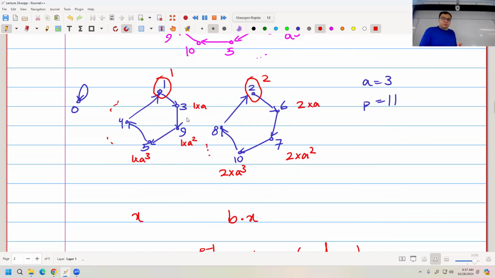Now, where did our proof come from when we said that all of our cycles are the same size? I said, look at the smallest number in the second cycle, suppose that that's b, then for every number in the first cycle, I have b times that number in the second cycle. So in this case, b is 2, so my second cycle just contains twice every number in the first cycle, right? But I was assuming that these will all be different.